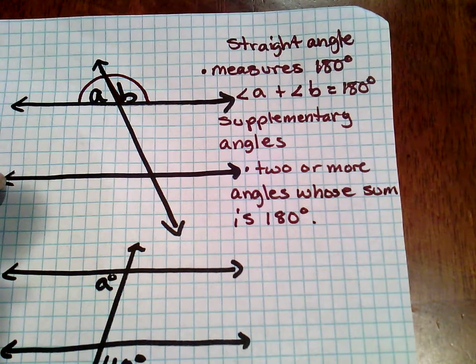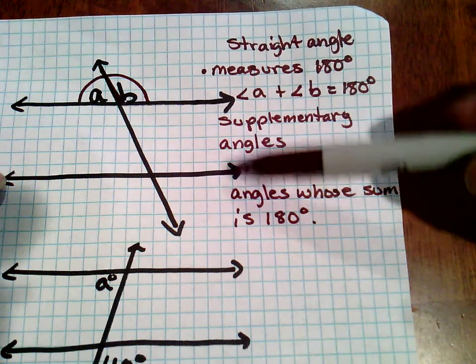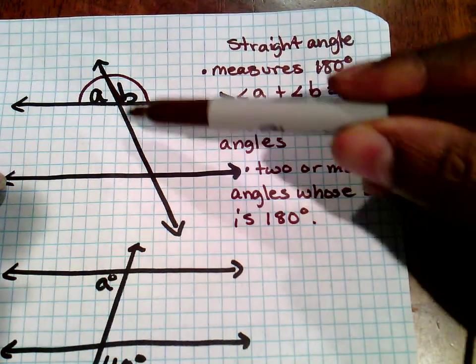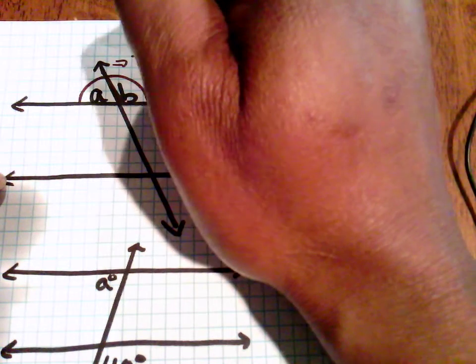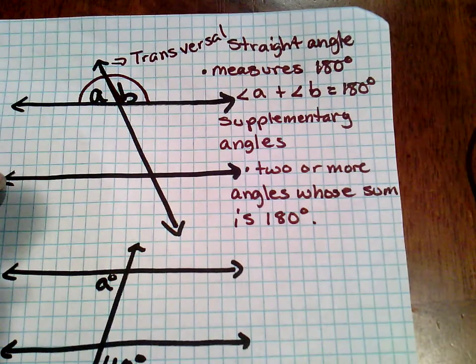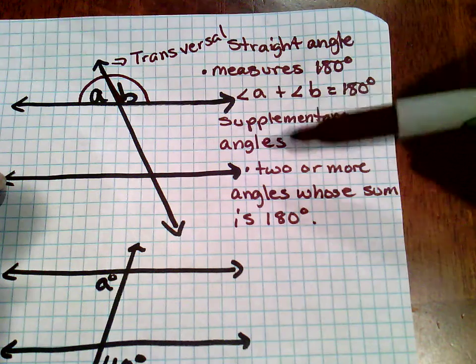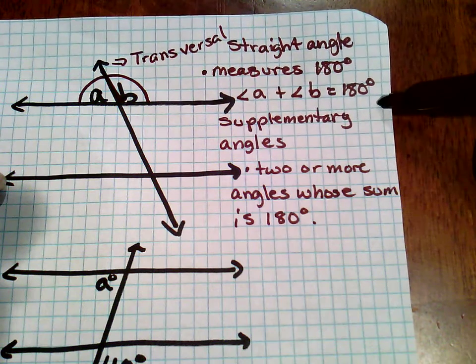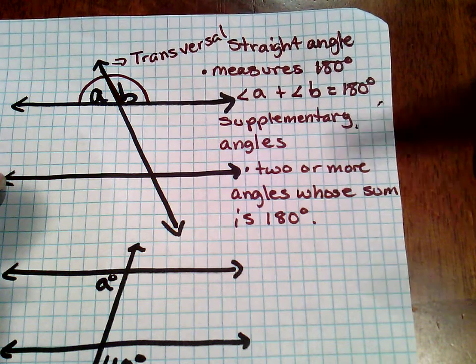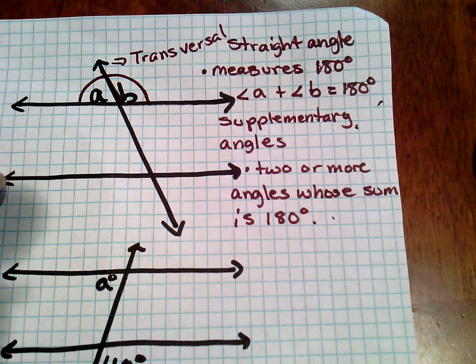In the case where we have parallel lines intersected by a transversal, when the angles are not congruent, they will create supplementary angles, where we have two or more angles whose sum is 180 degrees.